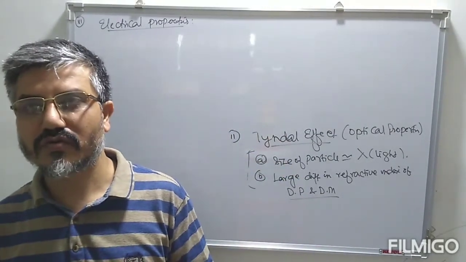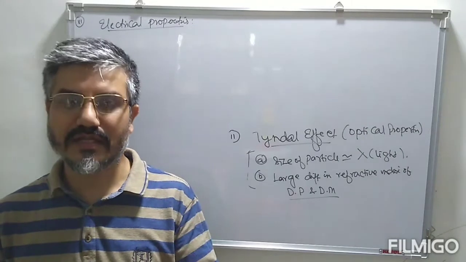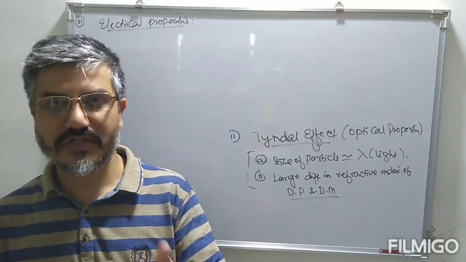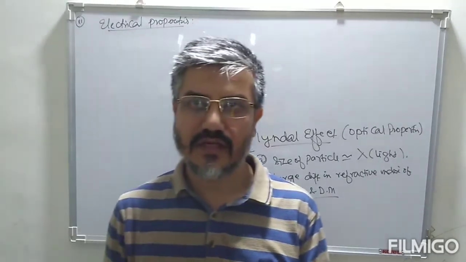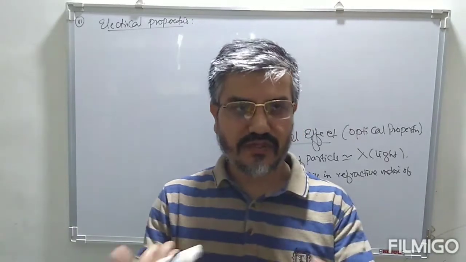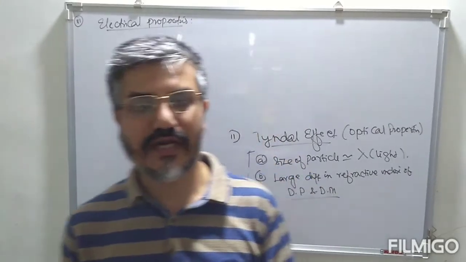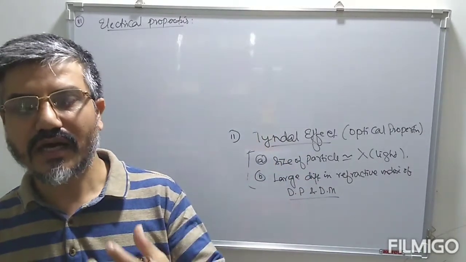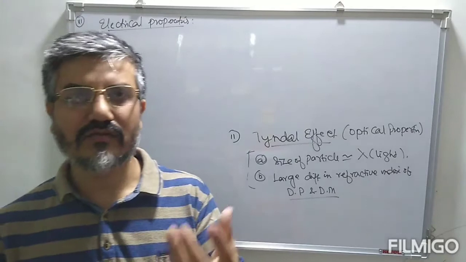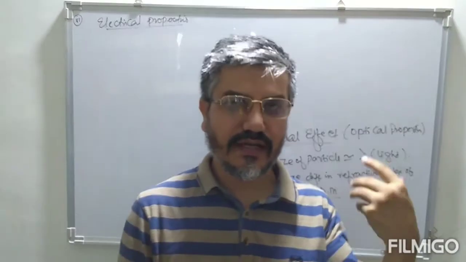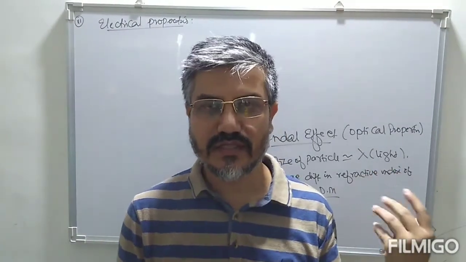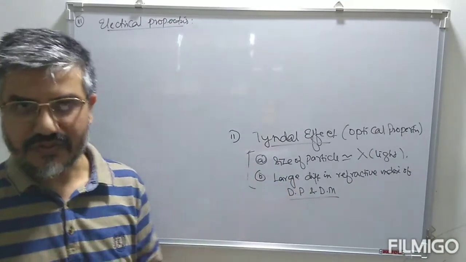The charge on all the colloidal particles in a given colloidal solution is the same, and the cause of this charge, as we have mentioned earlier, is the selective or preferential adsorption of an ion which is common to the ion already present in the colloidal solution.